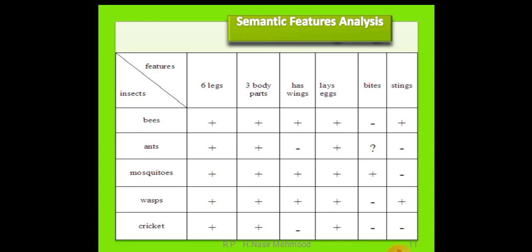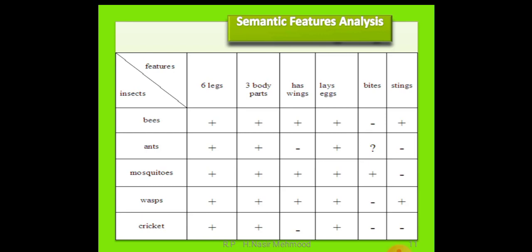We can make a list of semantic features for many other words, like in this example, bees, mosquitoes, crickets and wasps. These are different lexemes, and we ask: six legs, three body parts. If the bee has six legs, then positive; if it does not, then we mark negative.